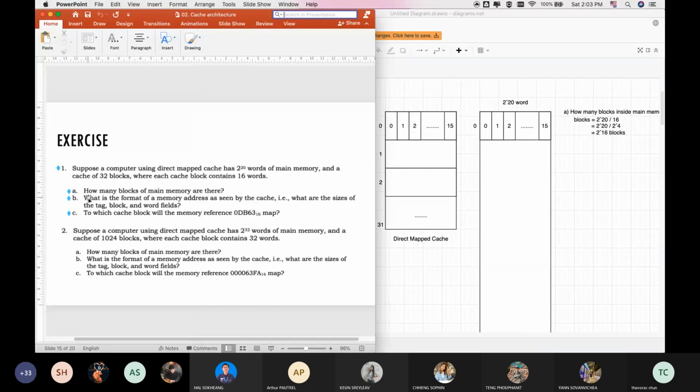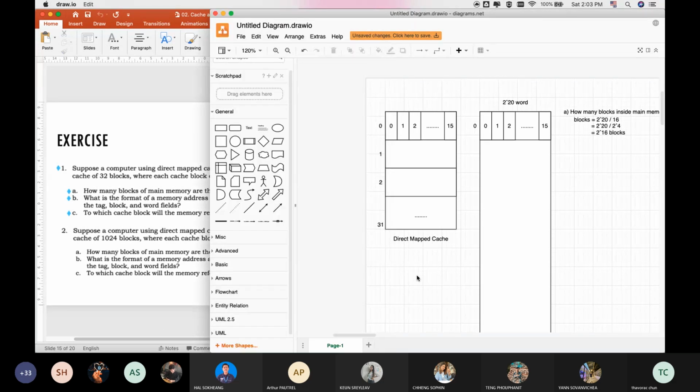And then we have question B. What is the format of main memory address as seen by the cache? Why is the question like this? Because the cache is just a representation of the RAM.